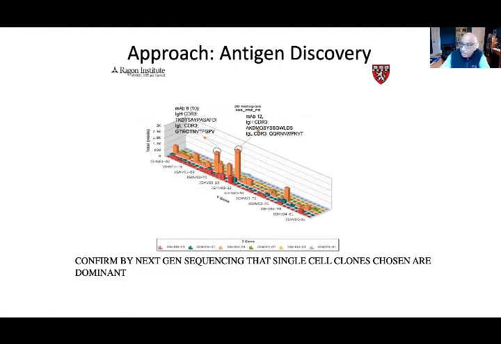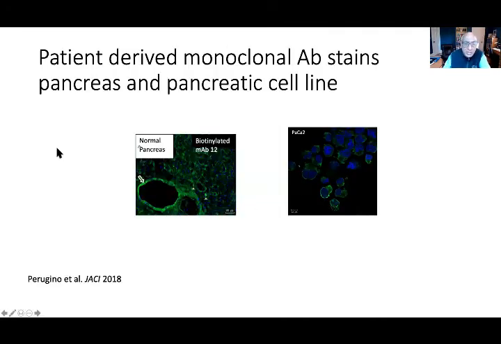The ones that are more common as single cells were also more common by next-gen sequencing, because you can actually sample more cells. Then we stained pancreatic cells and showed that yes, these antibodies are staining some antigen in pancreatic cells.